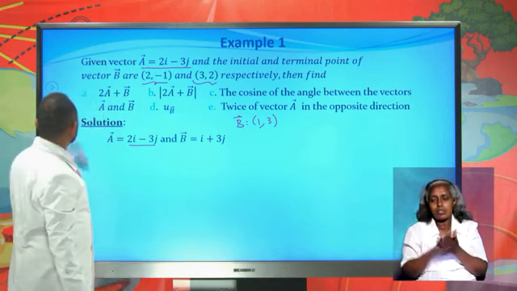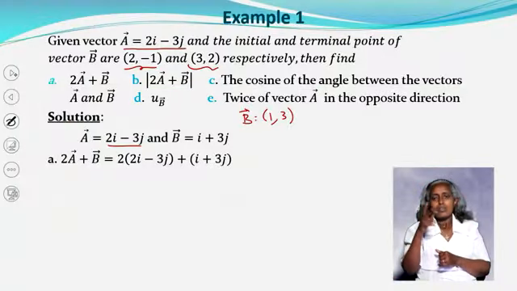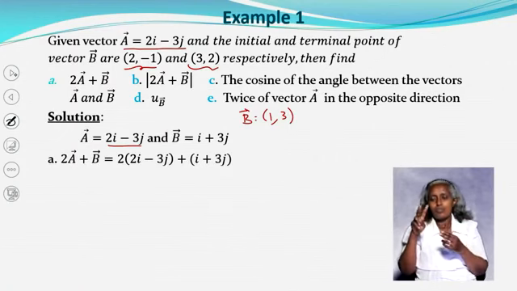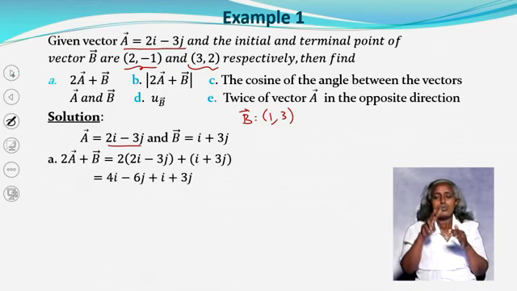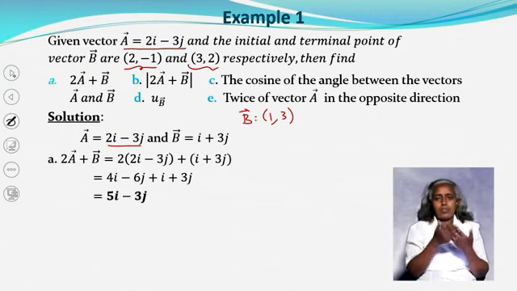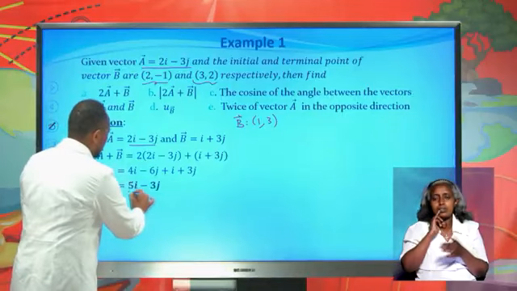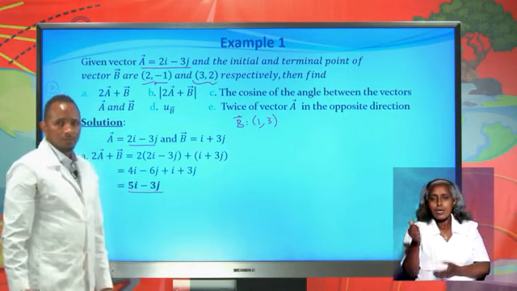The first question is to find 2A plus B. 2A plus B is twice vector A plus vector B, which is 4i minus 6j plus i plus 3j. Simplifying, 4i plus i gives 5i, and minus 6j plus 3j gives minus 3j. So this is 2A plus B.